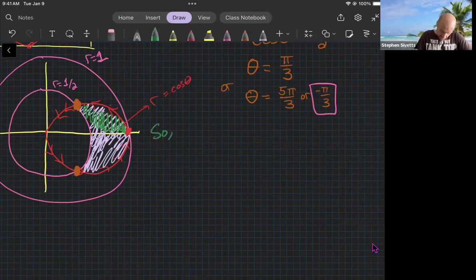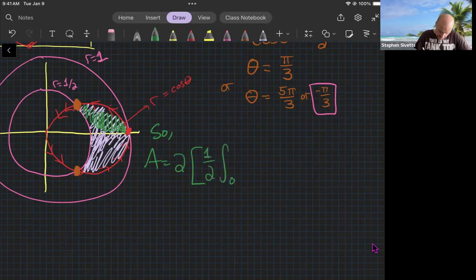Notice it starts at 0. So the area of the whole region is just 2 times the area of the upper half of the region. So it's 1/2 times the integral from 0 to pi over 3. This right here is pi over 3, and this is minus pi over 3.